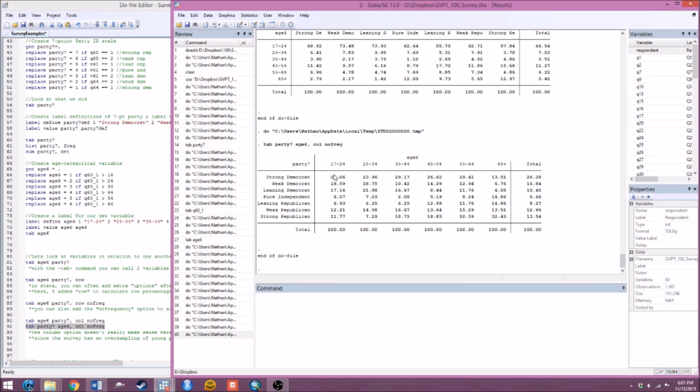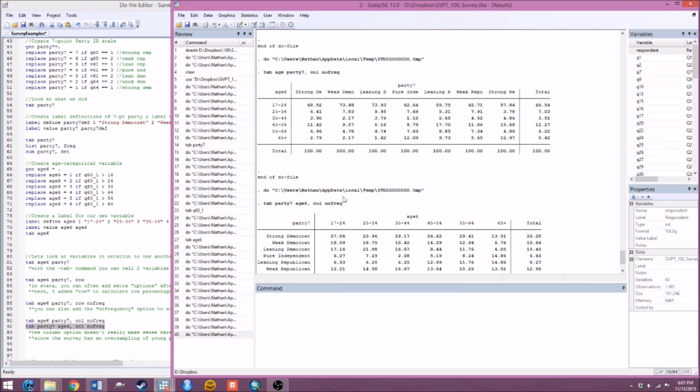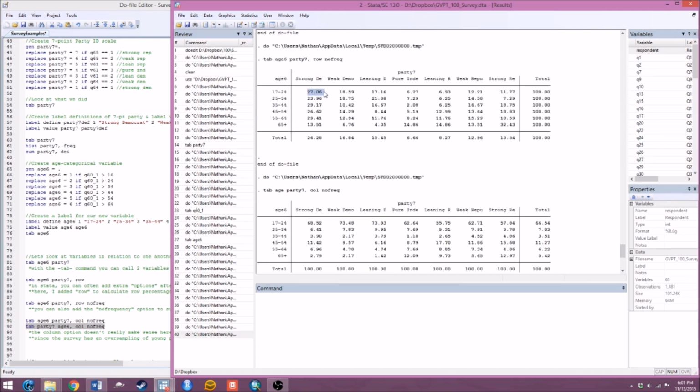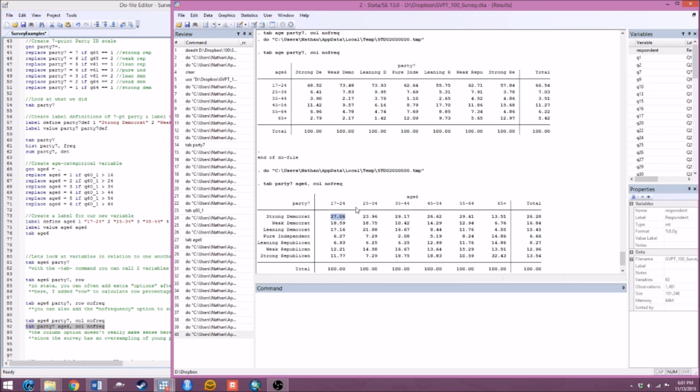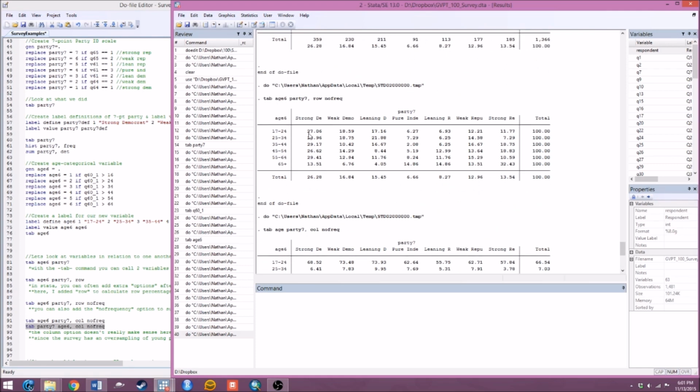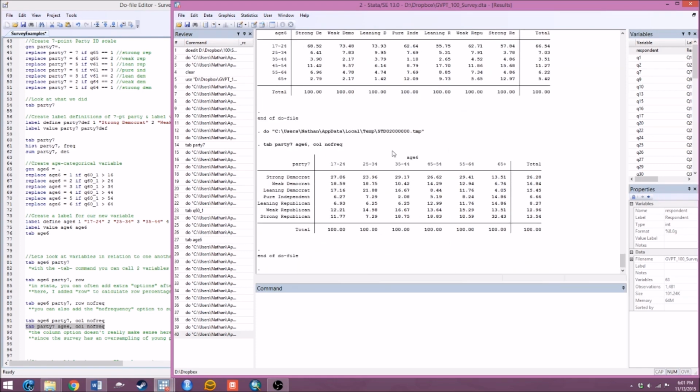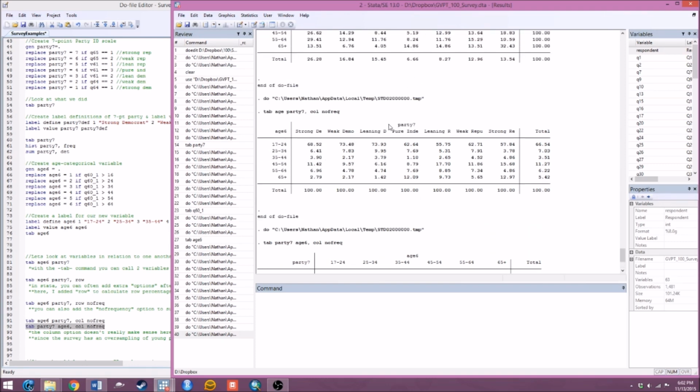So I can look here. This is the same thing as we had up here, 27.6, 27.06, and we compare down now instead of across. So regardless of how you do it, if you want your percents to compare up and down or across, it doesn't matter.